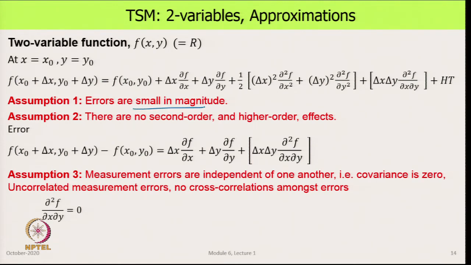Errors are small in magnitude, no second order and higher order effects, and measurements are independent of one another. So, these are important approximations in two variable result, and as we will see, if it is 3, 4 or more variables, these will come back.